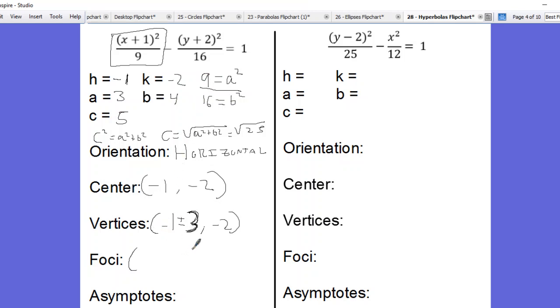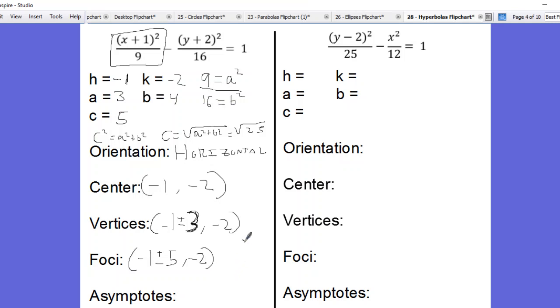Our foci are going to be -1 plus or minus the square root of 25, that's going to be 5, plus or minus 5, comma, and then the y value of the center stays the same.